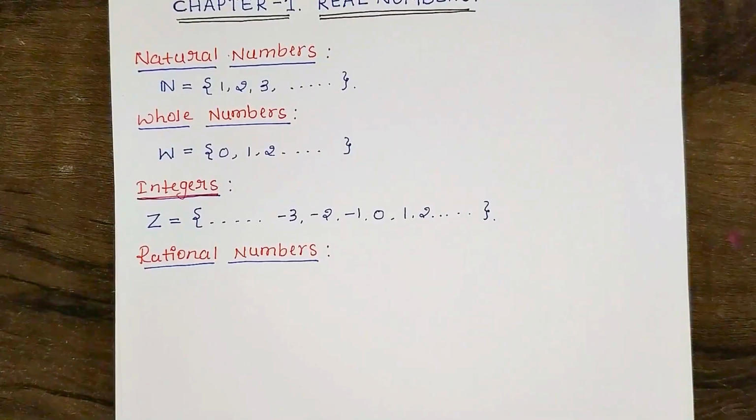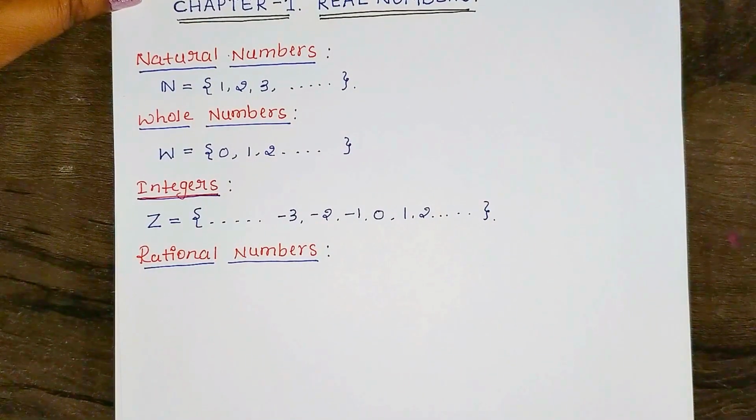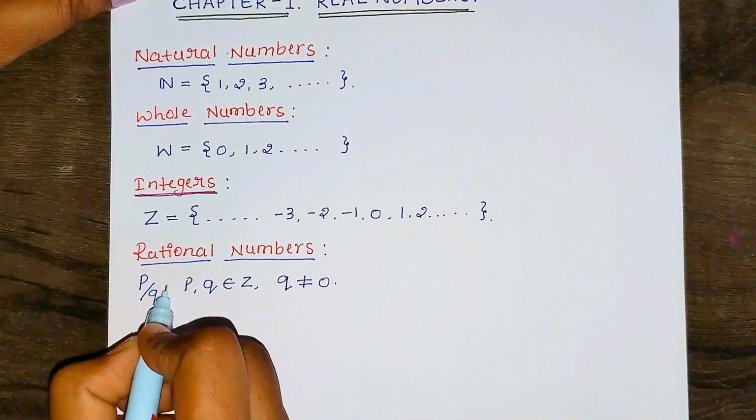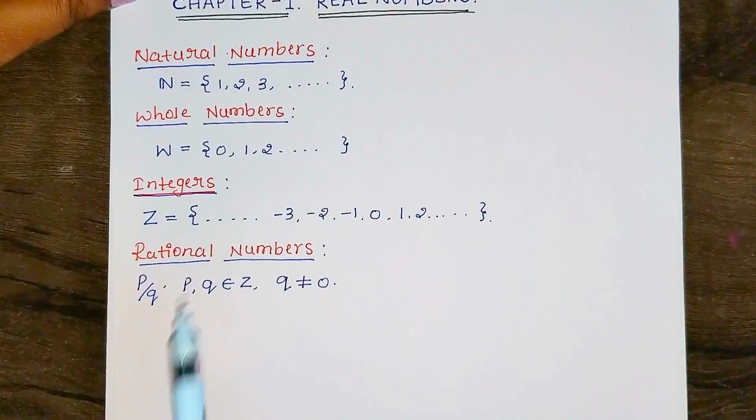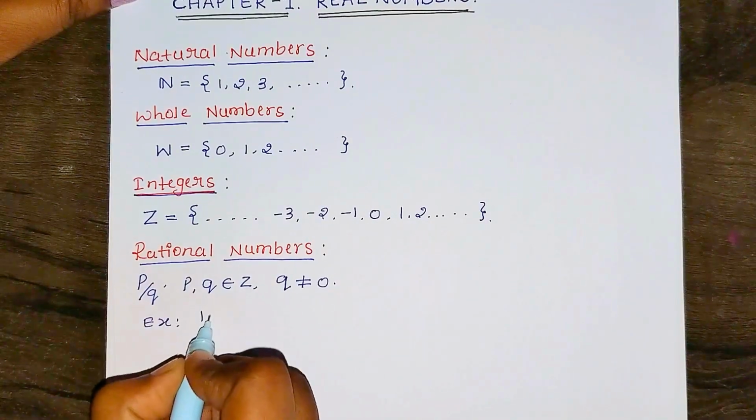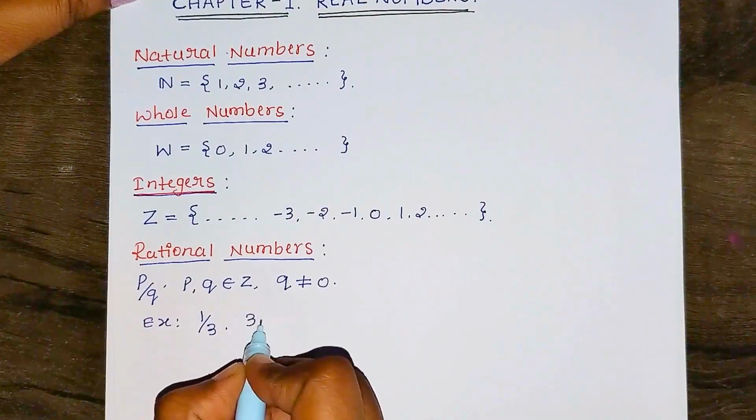When we include fractions and decimals that end or repeat, we get rational numbers. What is the definition of rational numbers? The numbers which are in the form of p by q, where p, q are integers and q is not equal to 0. For example, 1 by 3, 3 by 5.